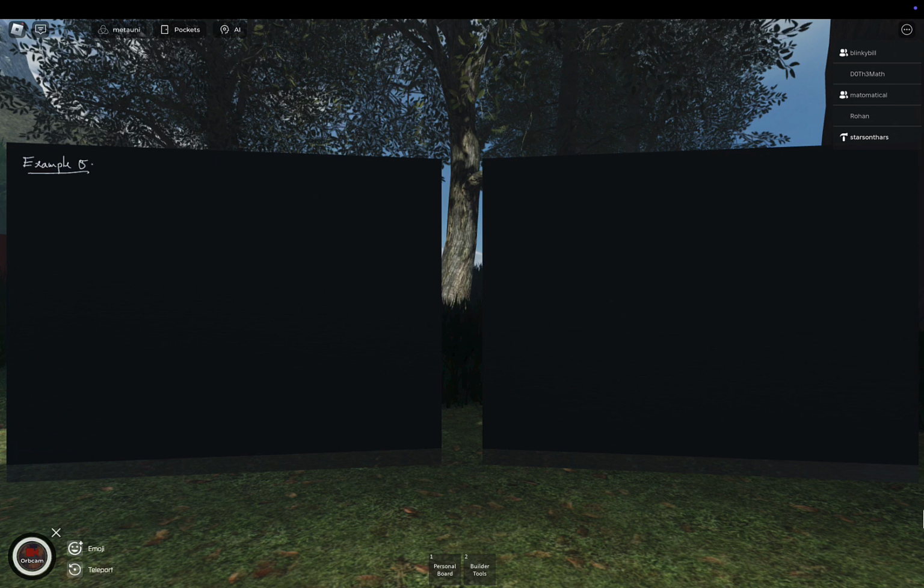Cool. Okay, so now we'll talk about example 5 here. If we have pi proportional to this thing, I guess these are the obvious things, right?